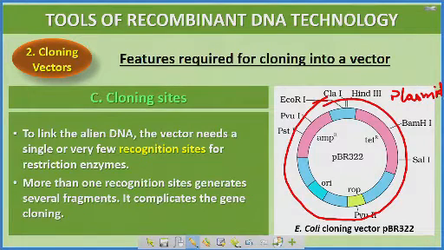Different genes are present on this cloning vector, like a gene for origin, a gene for ampicillin resistance, and a DNA segment on which ClaI can act.